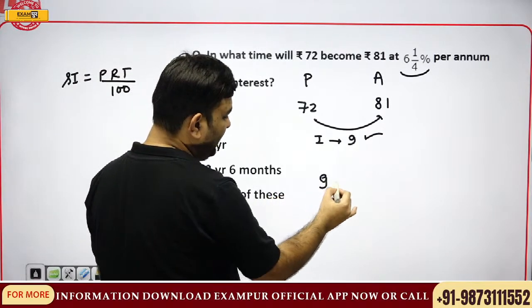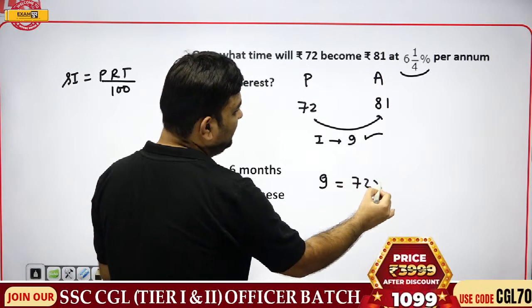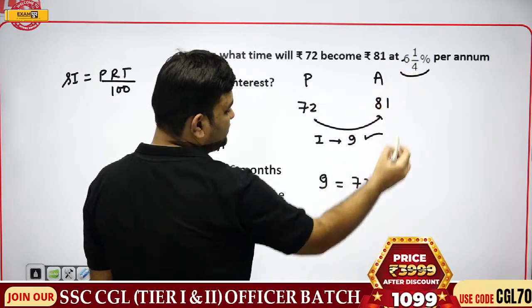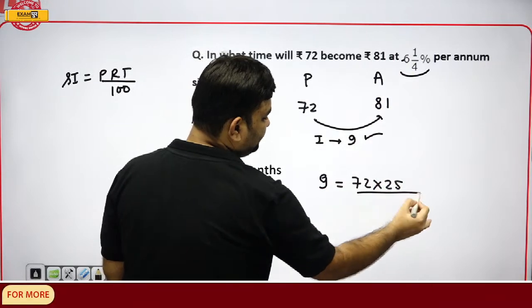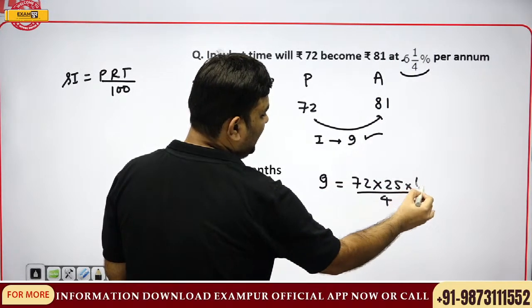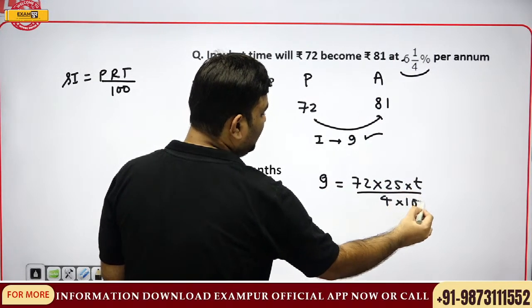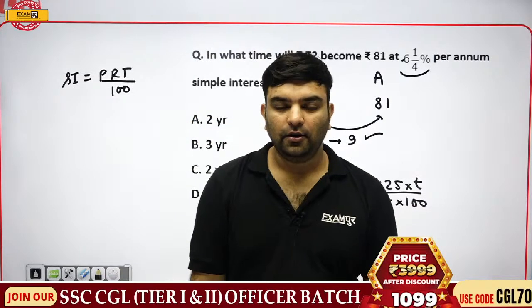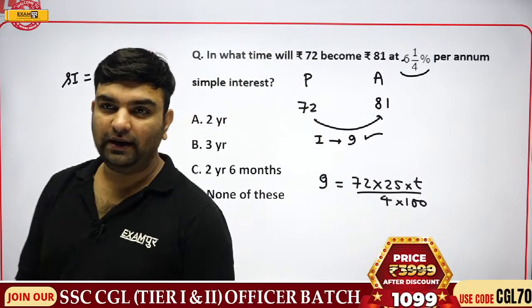So simple interest of 9 is equal to principal 72 into rate 25 by 4 into time over 100.